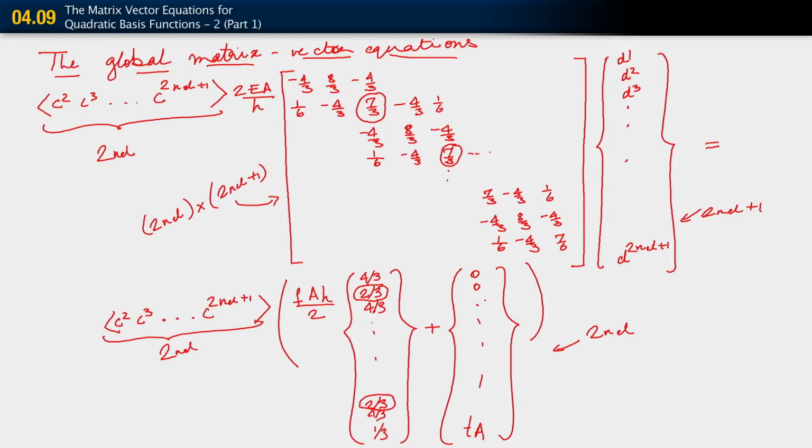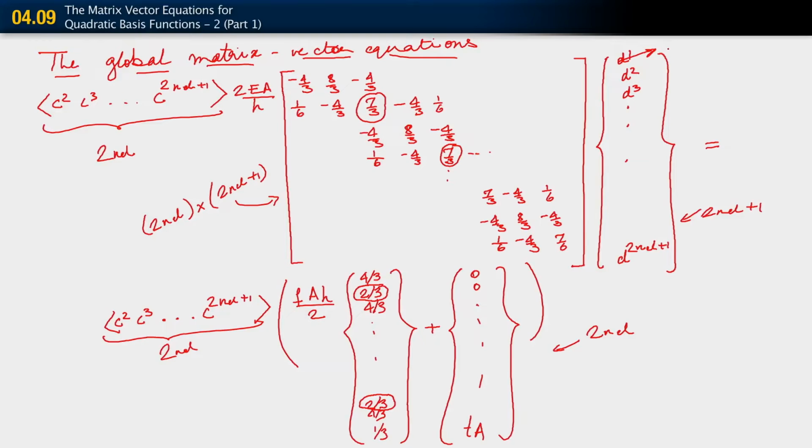The only thing we have to do yet is account for the Dirichlet boundary conditions. And the way that shows up is when we look at our D vector, our vector of degrees of freedom for the trial solution, we note that D1 here is our given displacement at x equals 0.